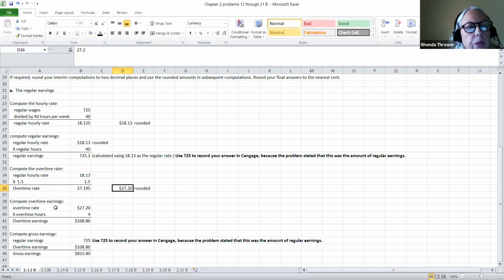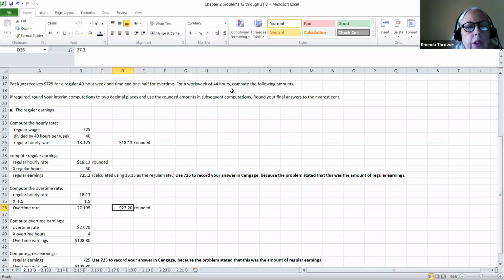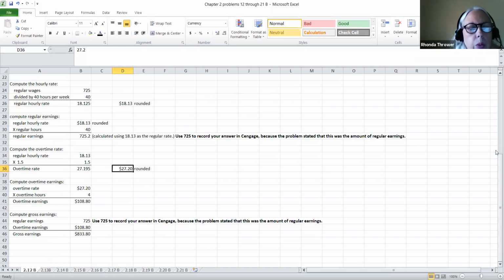To compute the overtime earnings, we need to know what the overtime hours are. Since they told us in this problem that there were 44 total hours and it was a regular 40-hour work week, 4 hours is the amount of our overtime hours.